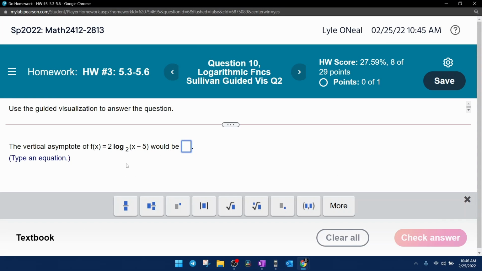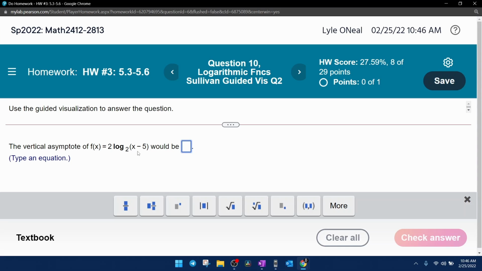So after having discussed that, they want to know the vertical asymptote of this function would be what? Well, we just said that the number that is attached to the x inside the logarithm is a horizontal shift. Plus is left, minus is right.